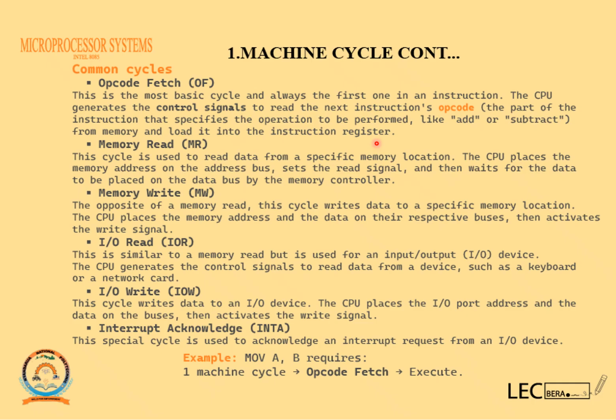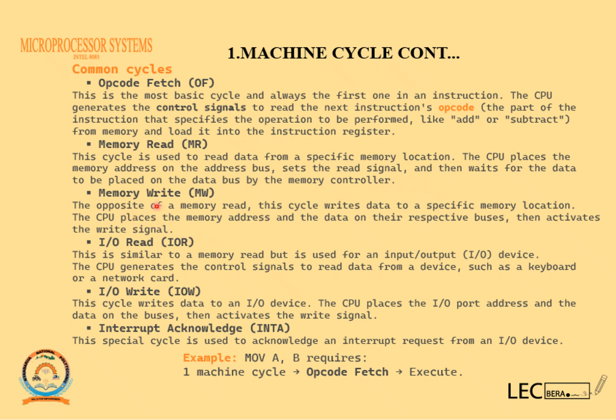And then we have what is called memory read cycles. This cycle is used to read data from a specific memory location. The CPU places the memory address on the address bus, sets the read signal, and then waits for the data to be placed on the data bus by the memory controller.